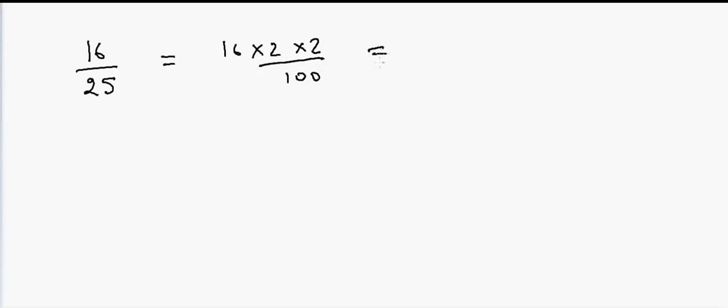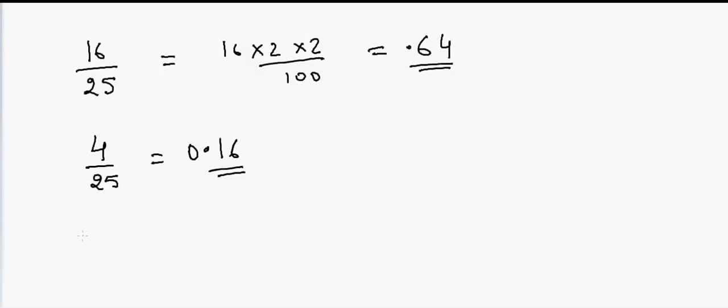So here, double of 16 is 32, and then double of 32 is 64, so the answer is 0.64. Again, if I have 4 divided by 25, that will be 4, double of 4 is 8, and double of 8 is 16, so 0.16.